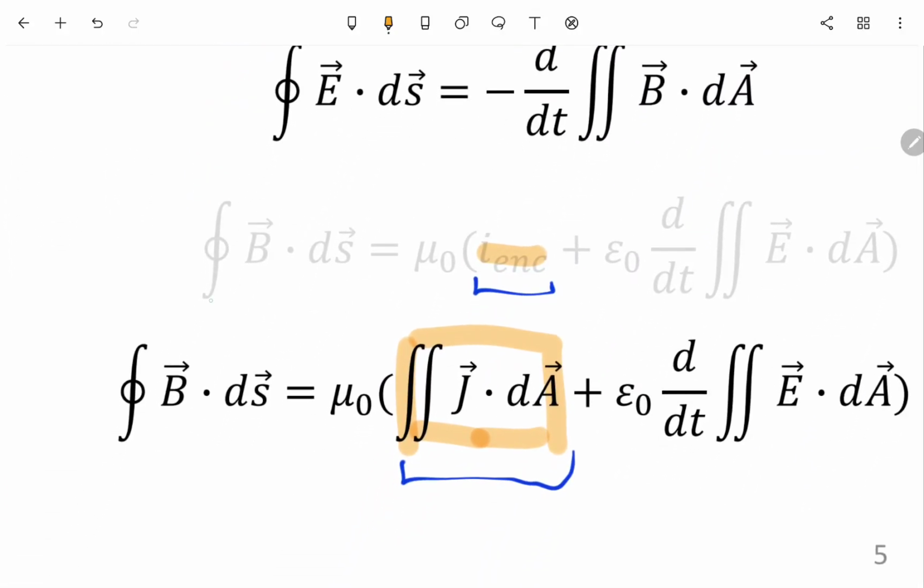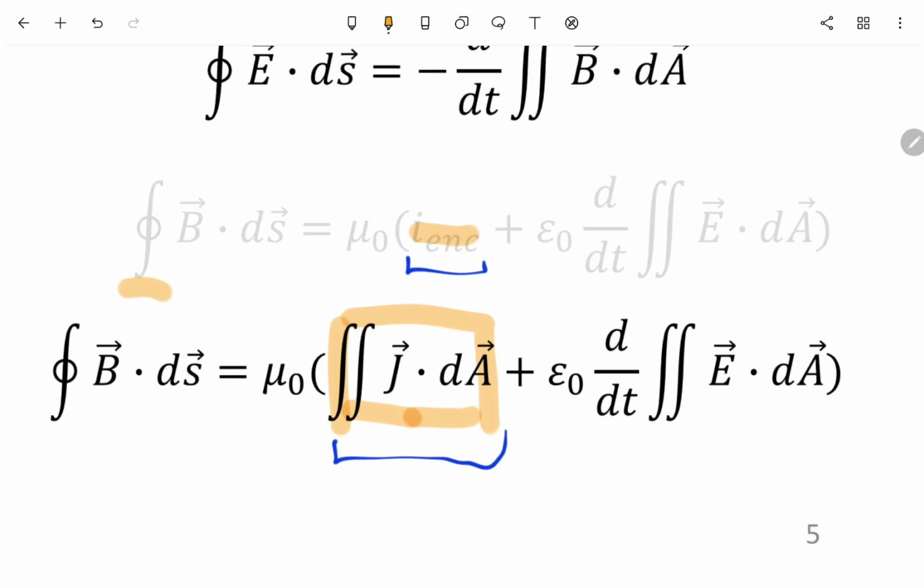And for the line integral, it is only in 1 dimension, going through a line. So it's in 1 dimension, so we still keep it as a single integral sign.